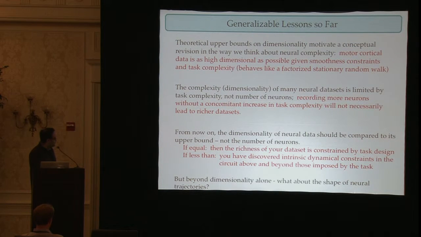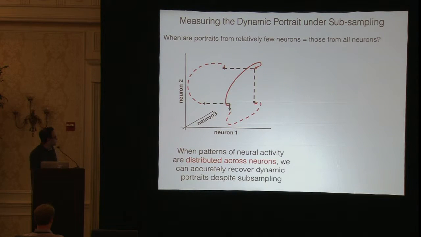Okay, but beyond dimensionality alone, what about the shape of these neural trajectories? So what are situations in which the resulting dynamical portrait obtained from dimensionality reduction, say through PCA, would be the same if you recorded 100 neurons versus 1,000,000 neurons, right? The simplest visualizable example is, let's say that you have a circuit with 3 neurons in it, and for whatever reason, your experiment yields neural activity patterns that are constrained on a one-dimensional manifold.